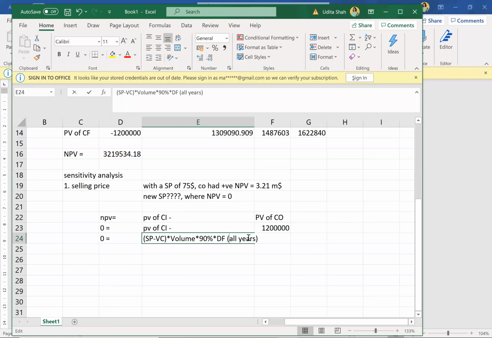So in short, I can say plus the same logic, second year also this thing, and plus third year also this thing, correct?